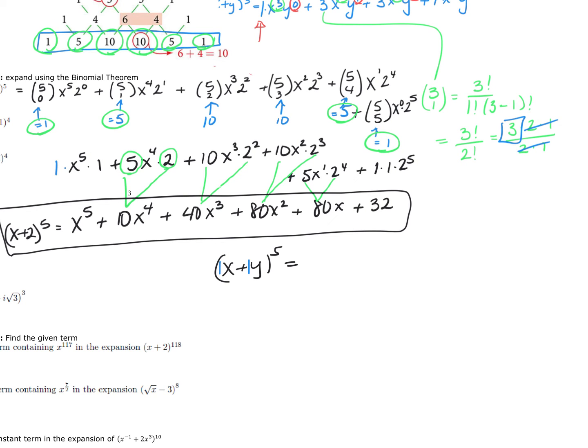Now, if I expand this one out, because the coefficient on this is 1 and the coefficient on this is 1, when I expand this out using Pascal's triangle, I'm going to have x to the 5th, y to the 0. I don't necessarily have to do the y to 0, so I'm not going to this time.